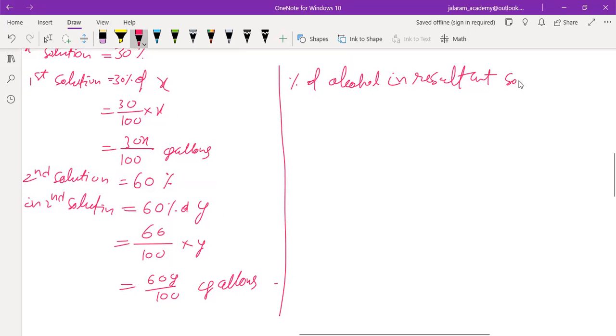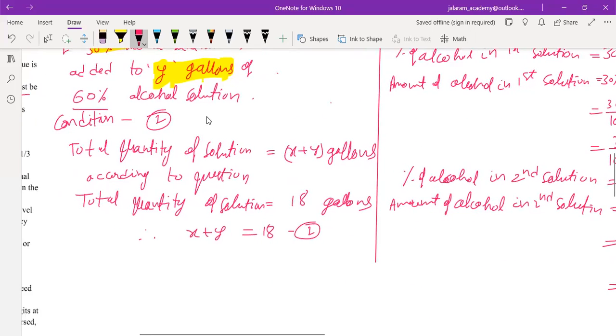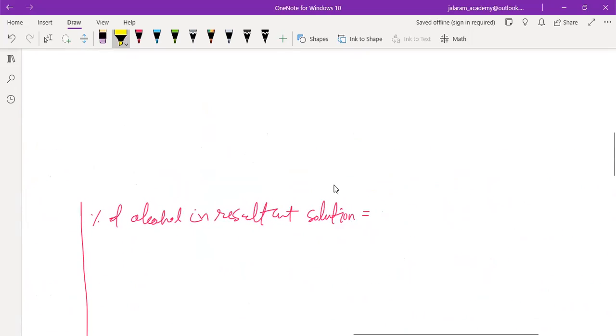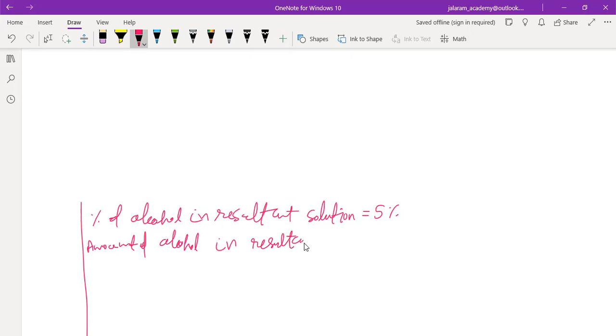It is 50%. Then we write the amount of alcohol in the resultant solution: 50% of the total quantity, that is 18.